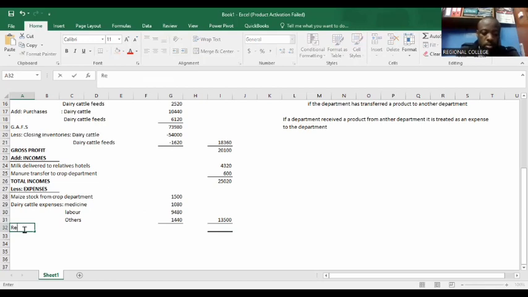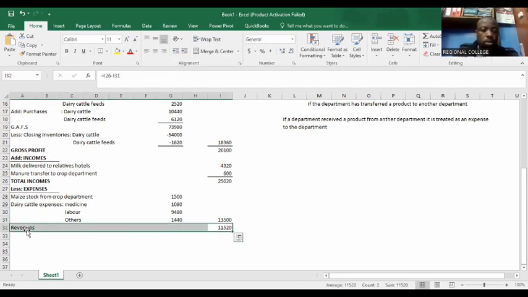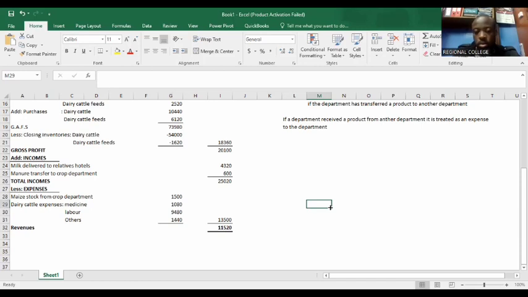How much is the revenue from this department? You pick the total incomes minus the total expenses, and you remain with 11,520. So we are done with the first department. We go to the second department.